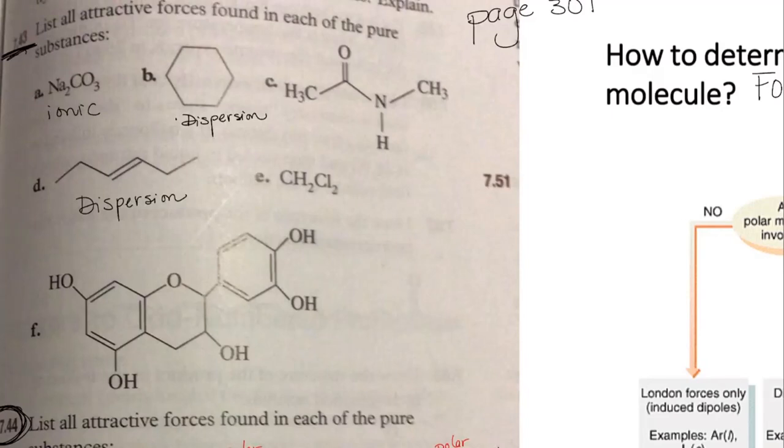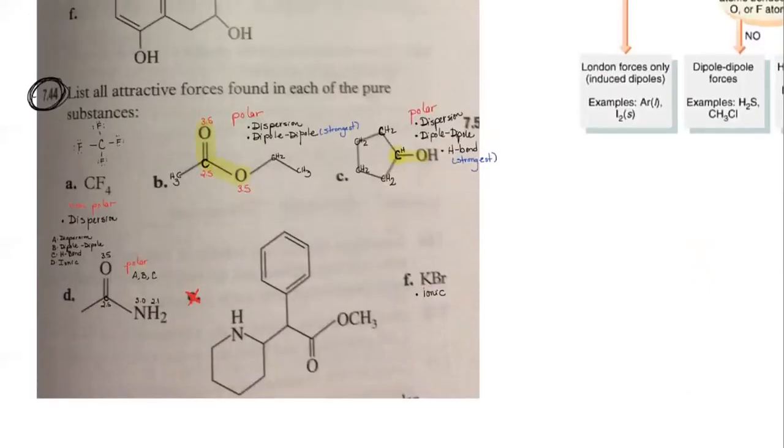What is the functional group there? A carbonyl bonded to nitrogen. That's an amide. And we already deal with an amide on letter D, okay?